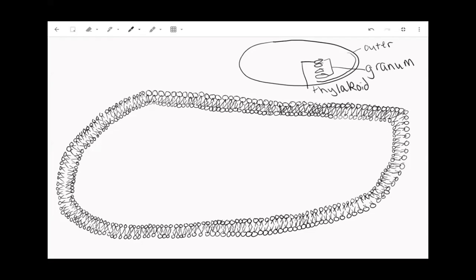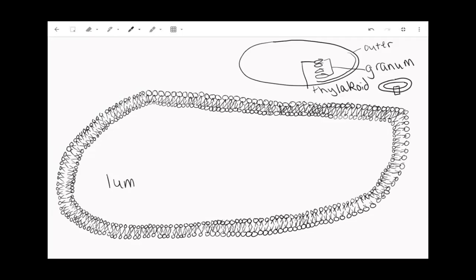And so what I have below is the thylakoid itself, which has a double membrane. We have blown up one of those thylakoids, and we're going to look at the membrane. So I've already drawn that double membrane here, so you can see it. We don't waste time with me drawing it. And what we're going to do is look first at the different photosystems.